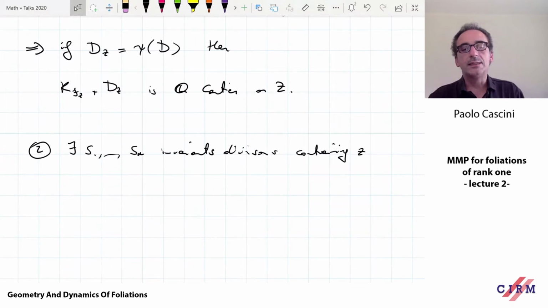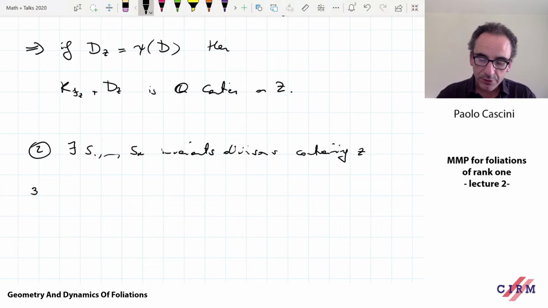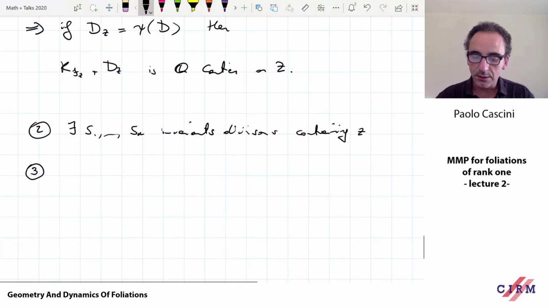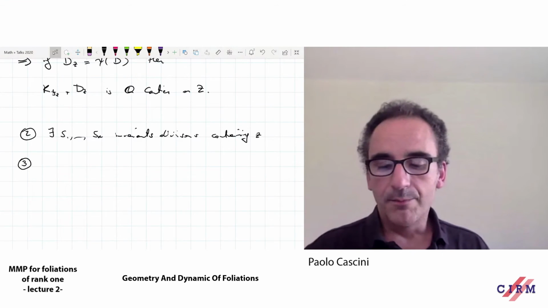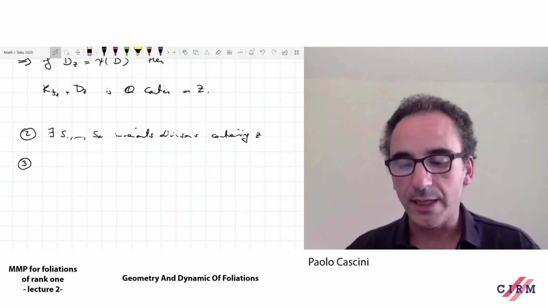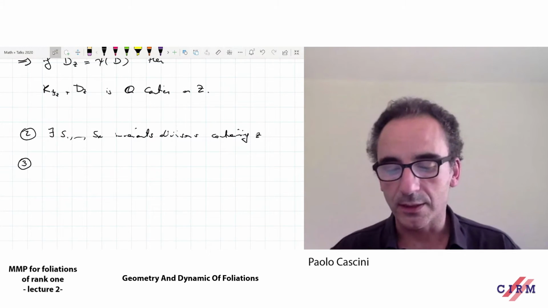Okay, and what is the advantage of doing this? Again, I'm cheating quite a bit because you see the pre-image of S_i will not be Cartier, but they will contain Cartier divisors. It's possible to show that they contain Cartier divisors.